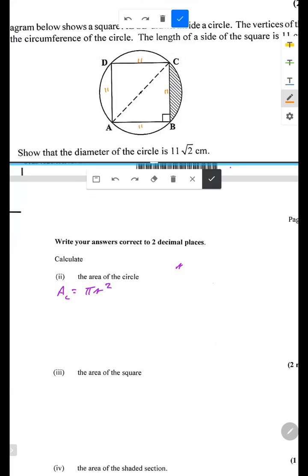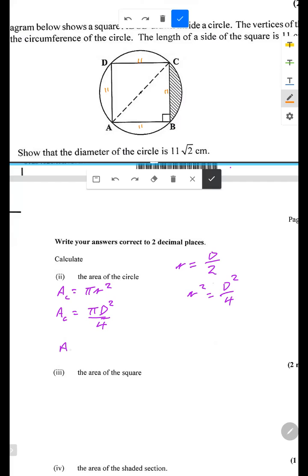The radius is the diameter divided by 2. So the radius squared is the diameter squared divided by 4. So the formula for the area of the circle becomes pi times the diameter squared over 4. The diameter we know is 11 times the square root of 2.